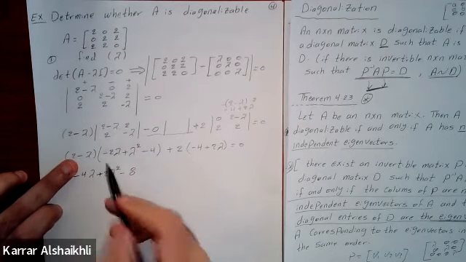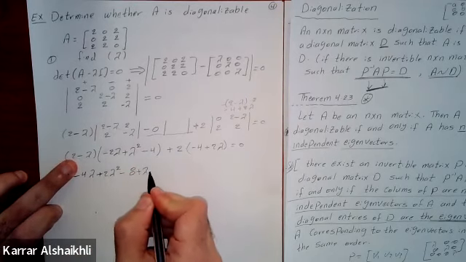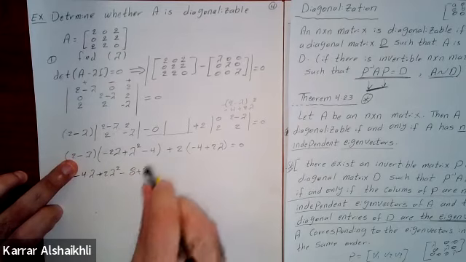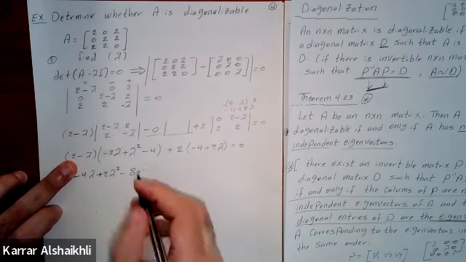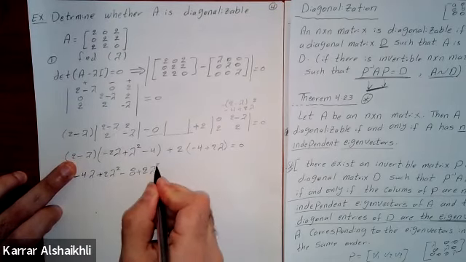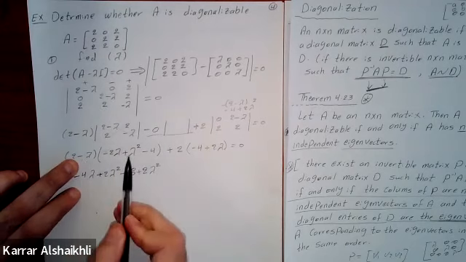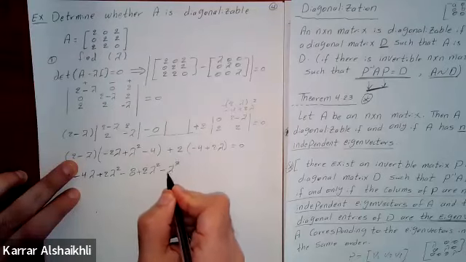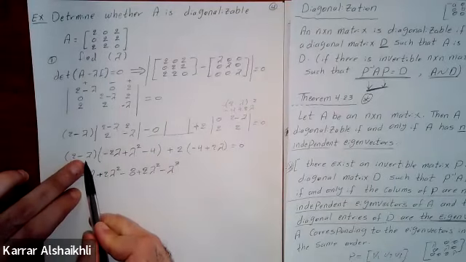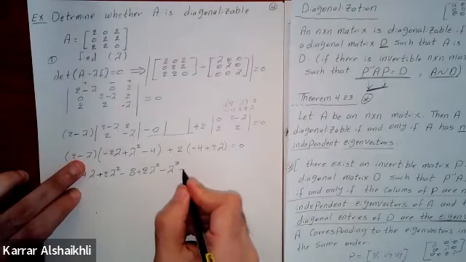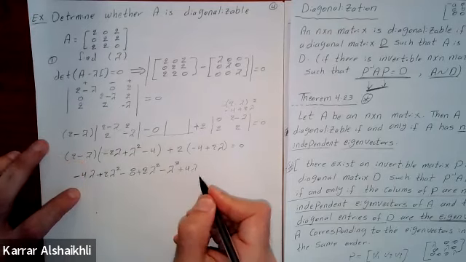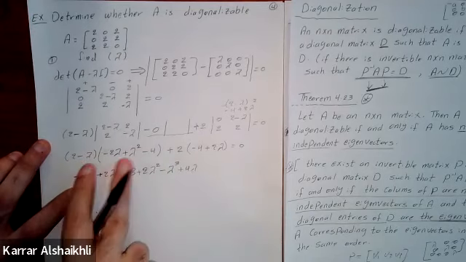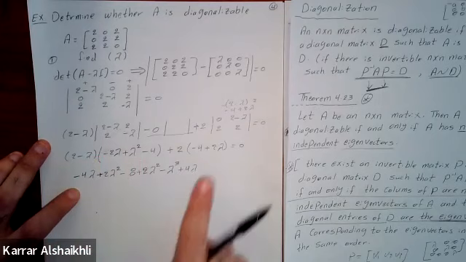So negative lambda times -2 is going to be plus 2 lambda. Negative lambda times lambda squared is going to be minus lambda cubed. Negative lambda times -4 is going to be plus 4 lambda. Okay, we're done distributing these two parentheses.